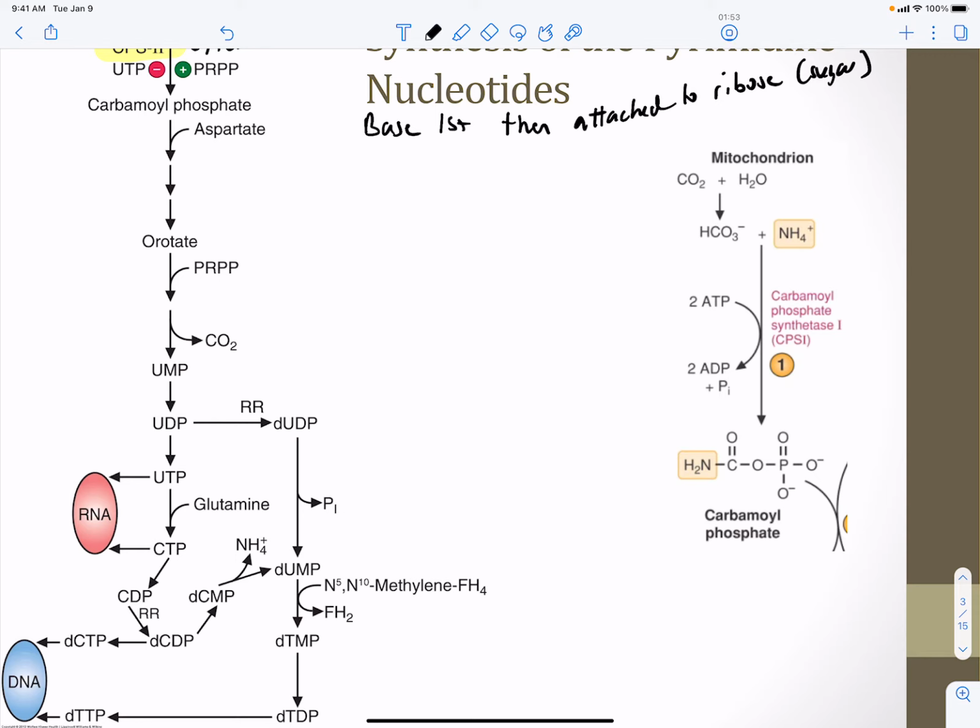After you get carbamoyl phosphate, the next step is you get an entire aspartate molecule added to the carbamoyl phosphate, and this is by aspartate transcarbamylase. This is also going to subsequently close to produce the ring, and this is going to be by dihydroorotase.